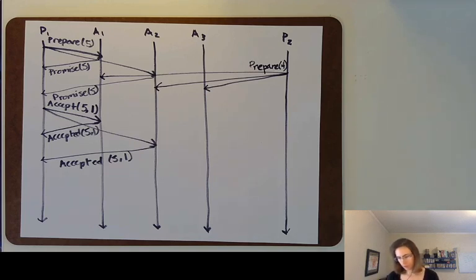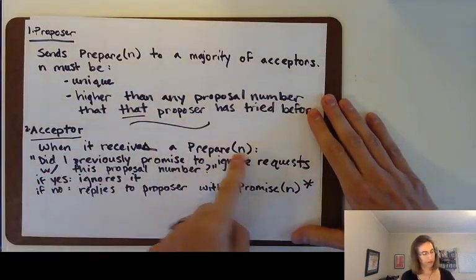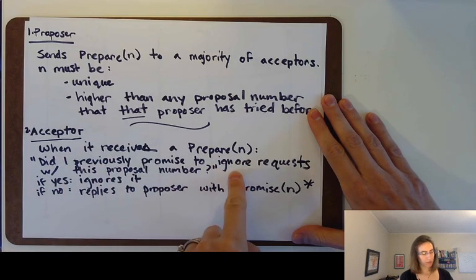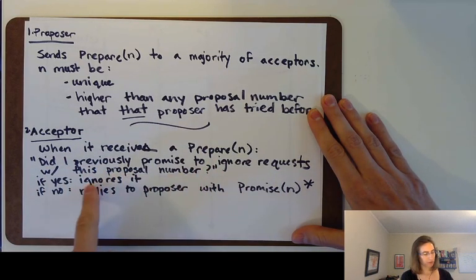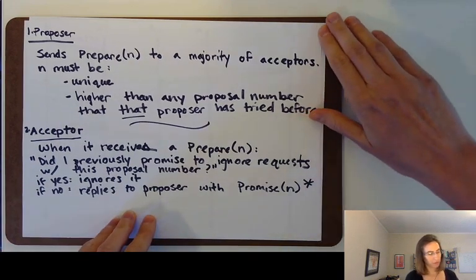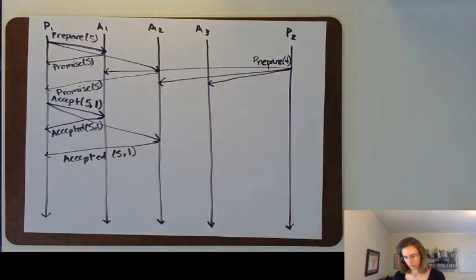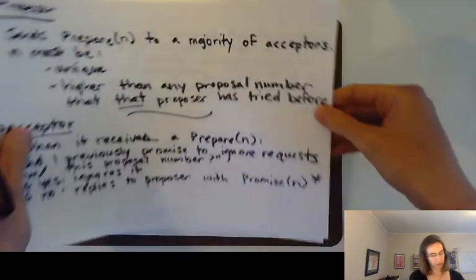So let's take a look at what the rules for the acceptor are. When an acceptor receives a prepare n, if it previously promised to ignore requests with that proposal number, it ignores it. So did it make that promise? Well, that's what this promise message means right here. Maybe I should fill this in here.